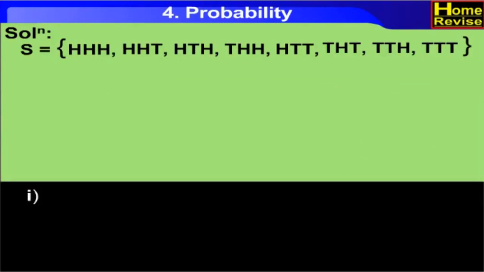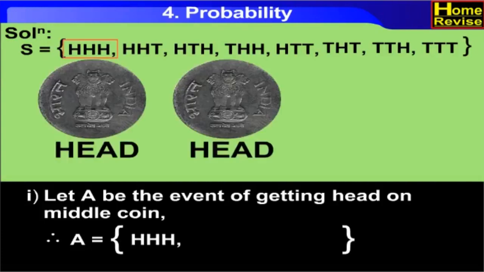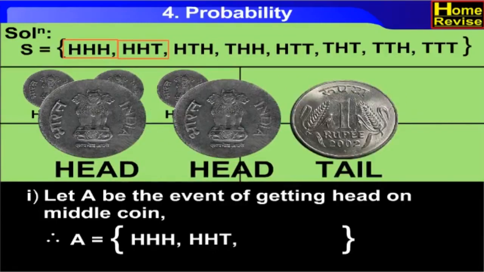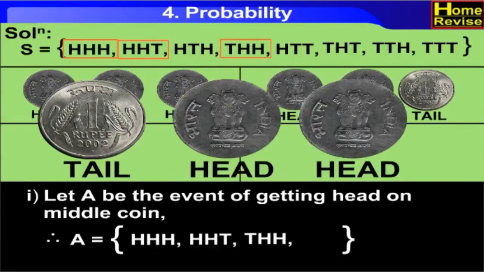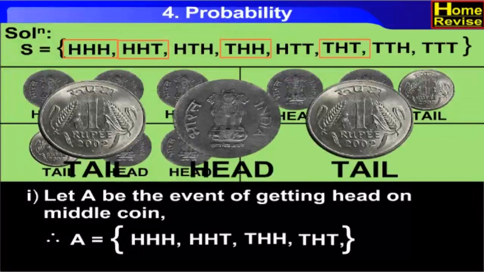Number 1. Let A be the event of getting head on middle coin. Therefore, A is equal to {HHH, HHT, THH, THT}.